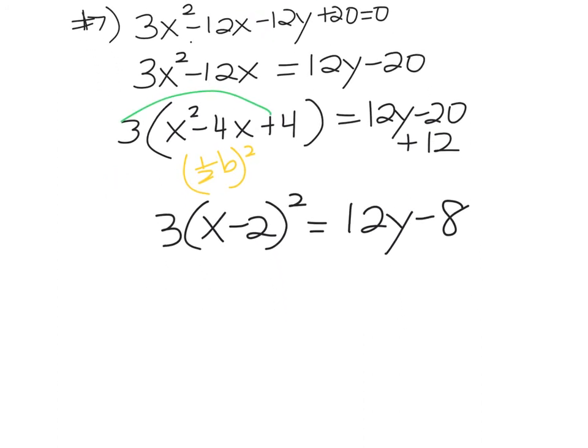Ew, why did I do that? That's really bad, huh? What did you do with the 3? That 3 there is bothering us too, huh? Yeah, you're going to have to factor out a 12 and then divide by 3. That's going to be so ugly.